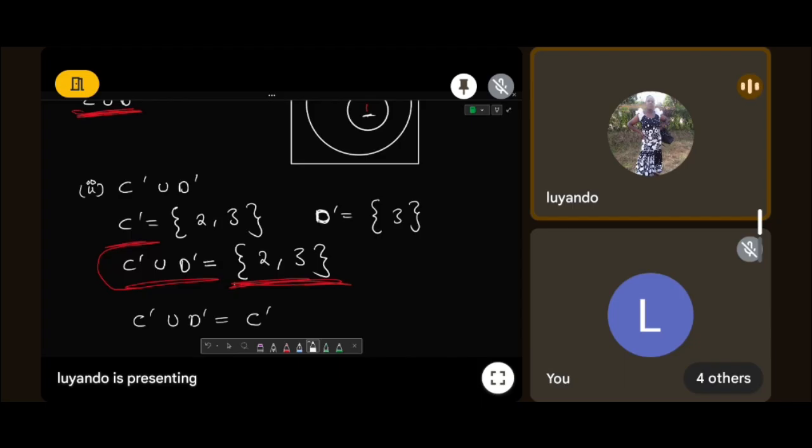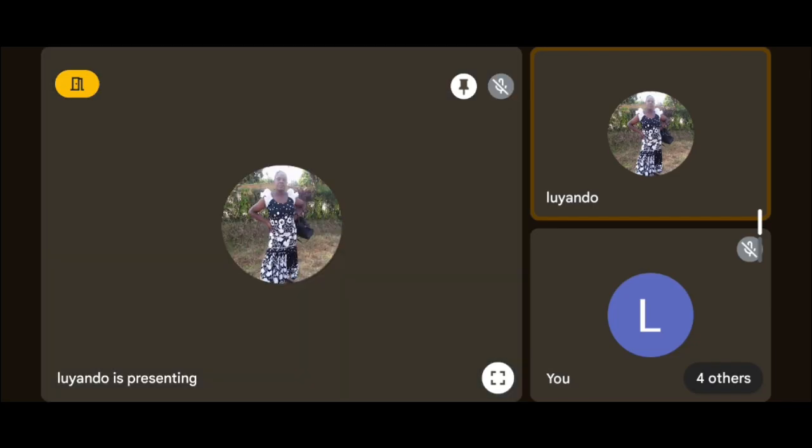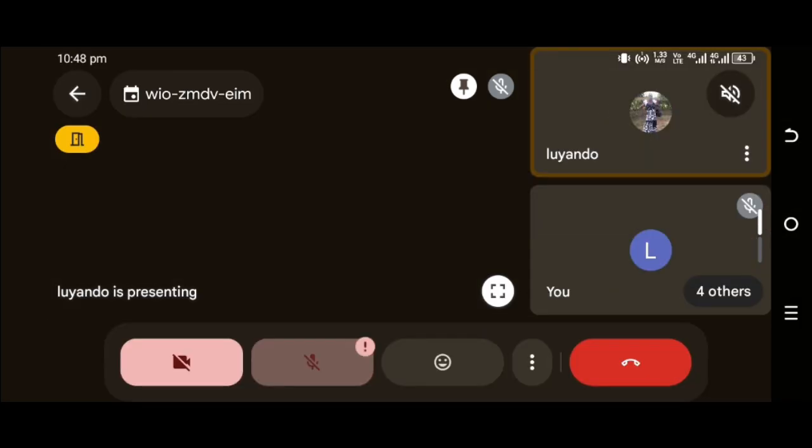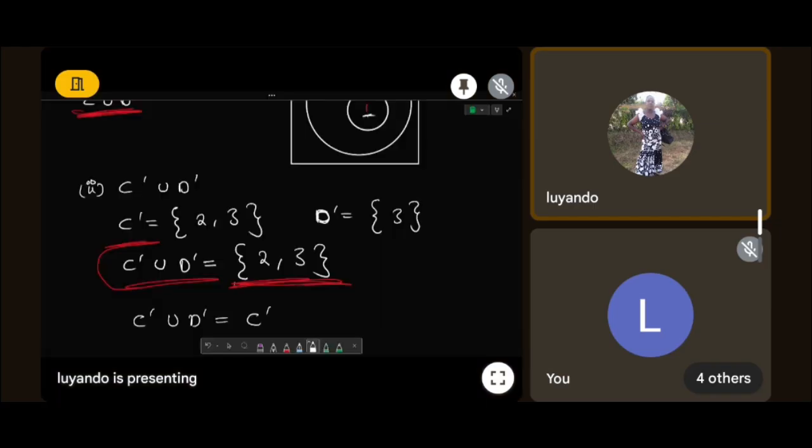That's how you go about solving questions when they ask you like this. Okay, since we've dwelt on this one for some time, I think for the one for disjoint, we're just going to do one example.